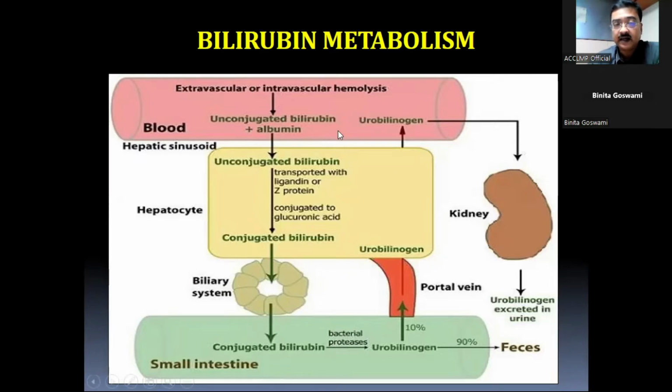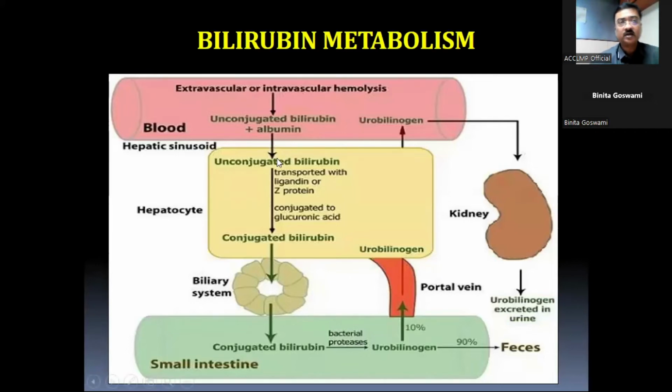This bilirubin binds with albumin because bilirubin is not water soluble, so it needs a carrier. With the help of albumin, it comes to the liver cell and gets inside.